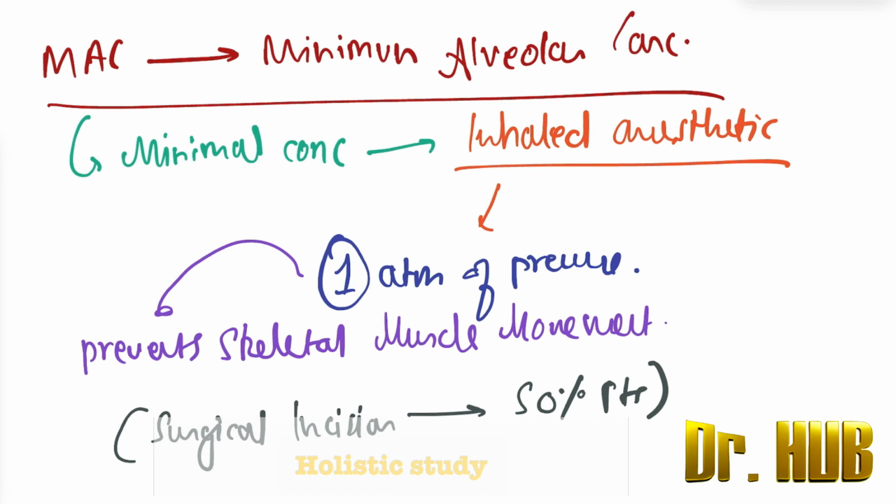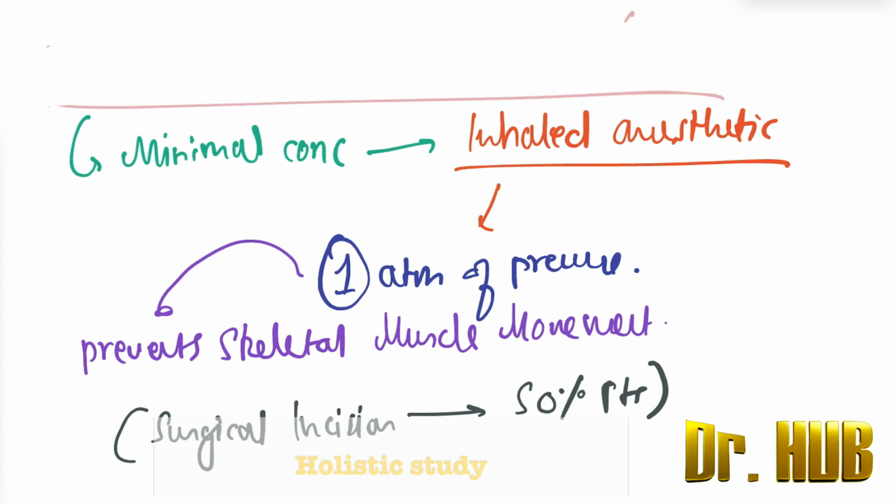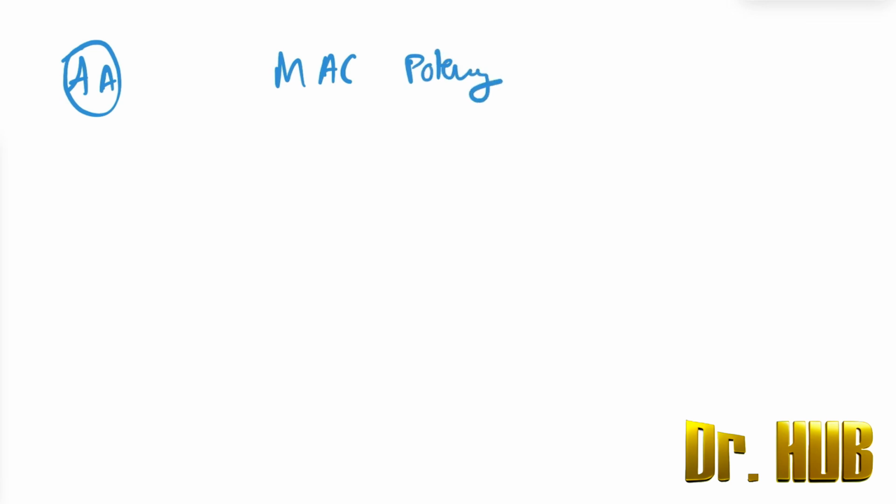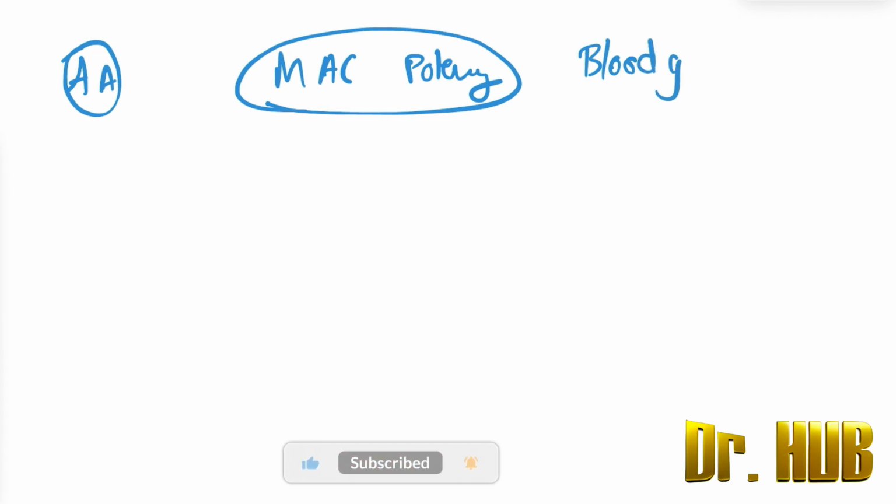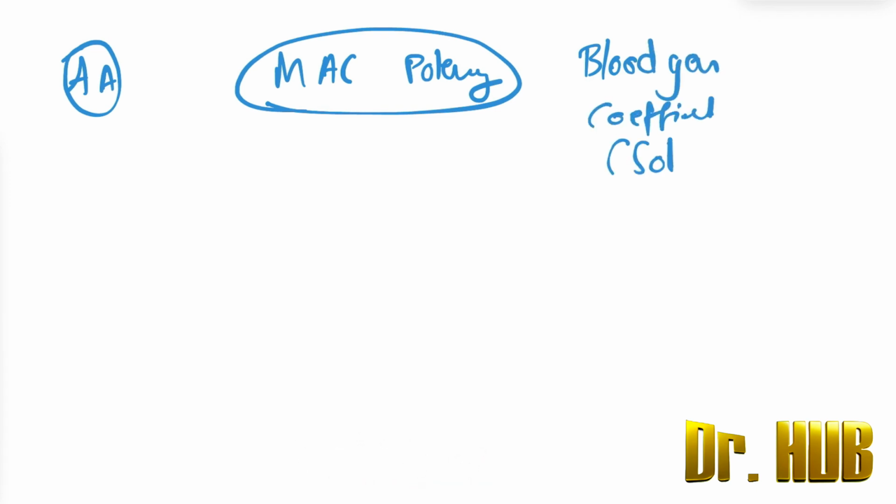So let's look at the anesthetic agents now. We are going to comment on the MAC potency and the blood gas coefficient. The first column will be the anesthetic agents, next will be the MAC potency, and the next column we'll call the blood gas coefficient, that is the solubility.